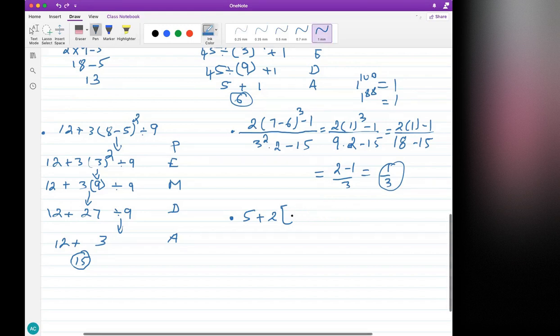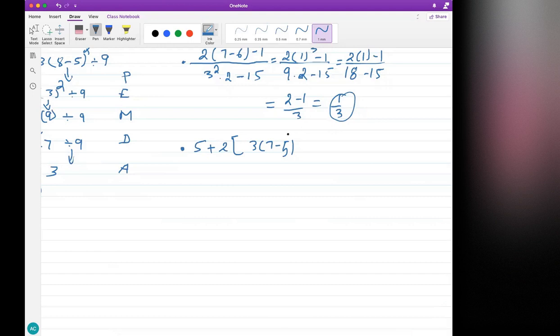Let's say you have 2 or 3. 7 minus 5. 7 minus 5, and let's say minus.